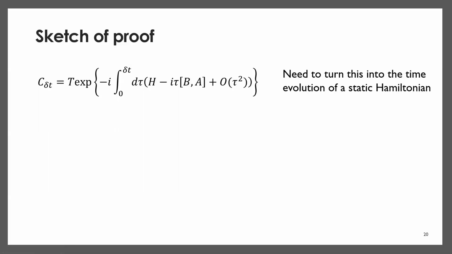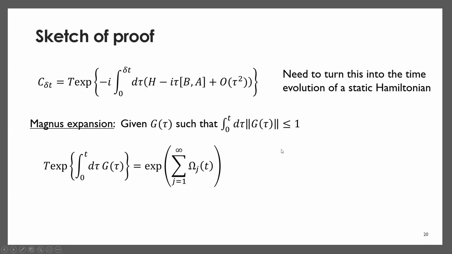But we want to turn this time-ordered exponential into a regular exponential. For that, we're going to use the Magnus expansion. In particular, this Magnus expansion says that if you are given an operator G that satisfies some condition, then the time-ordered exponential of this operator G can be written as the exponential of a sum over some omega.